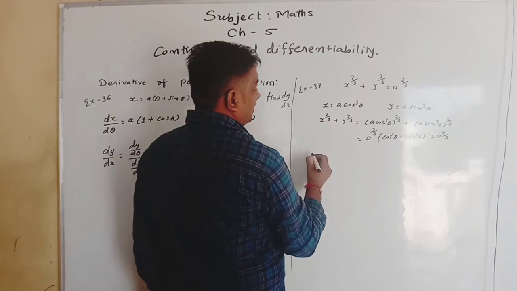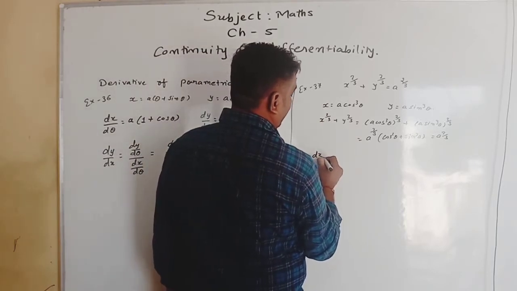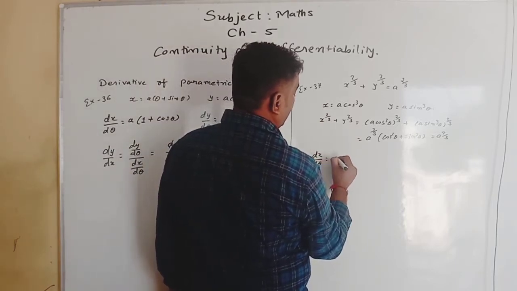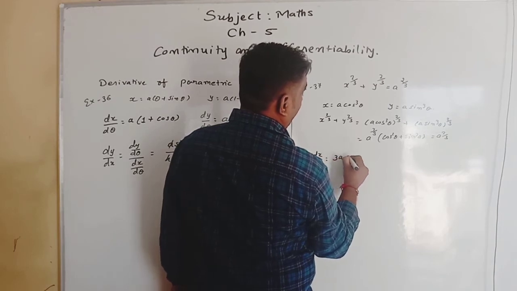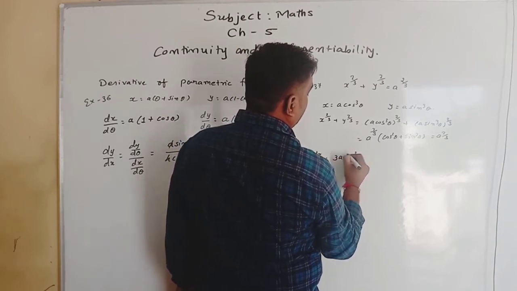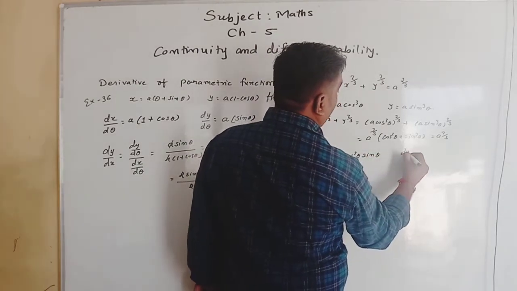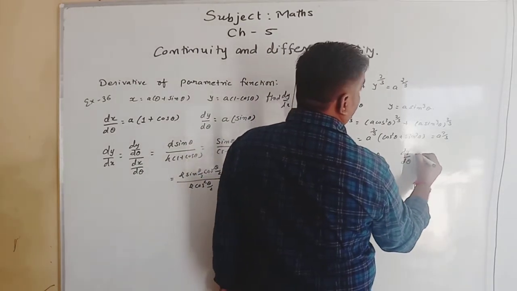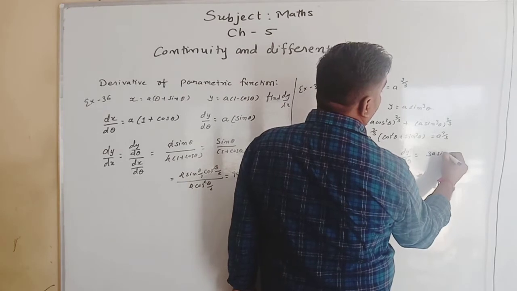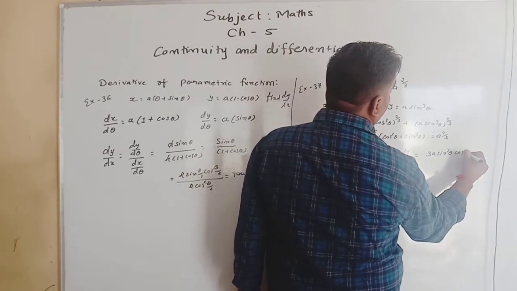Now we differentiate with respect to theta. dx by d theta equals 3a cos square theta times the differentiation of cos theta, which is minus sin theta, and dy by d theta equals 3a sin square theta times the differentiation of sin theta, which is cos theta.